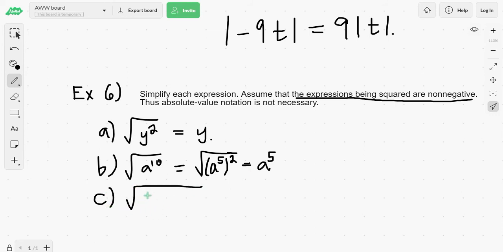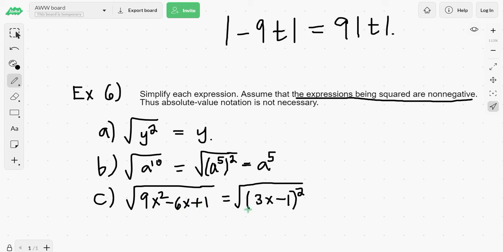Lastly, let's consider the square root of 9x squared minus 6x plus 1. Let's think about how we can express this as a perfect square. Well, if you think about it as a perfect square trinomial, this turns out to just be 3x minus 1 quantity squared. 3x squared gives you 9x squared, negative 1 squared gives you positive 1, and then if you take 2 times 3x times negative 1, you do get minus 6x.